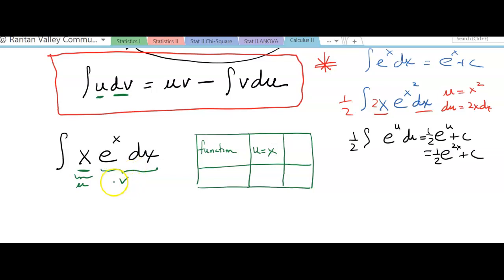And I'm saying, sorry, it's dv. dv is e to the x dx. So when you're identifying dv, you've got to use the dx part.